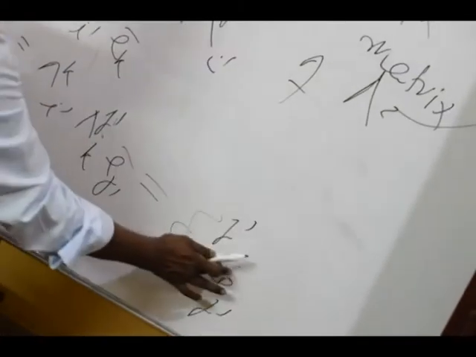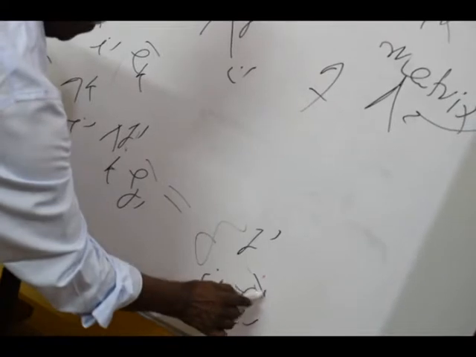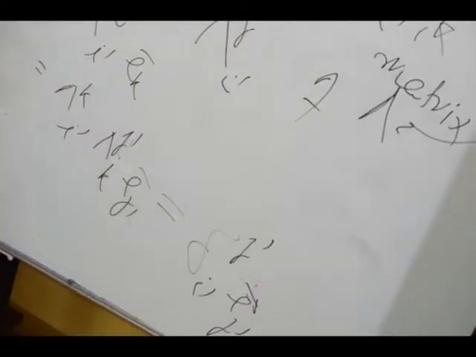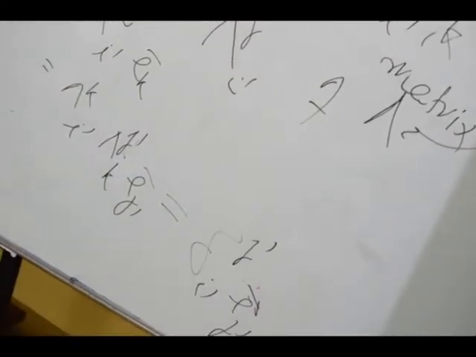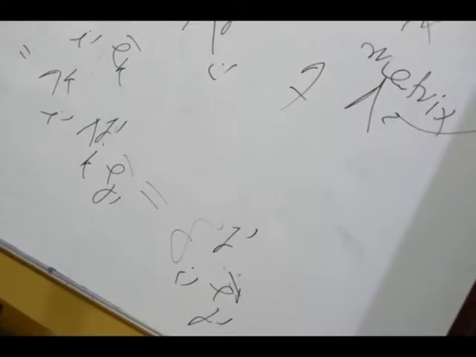This delta j dash i dash is the Kronecker delta.